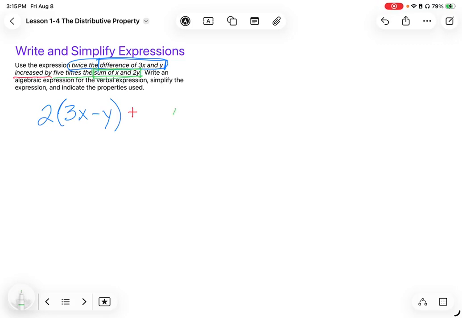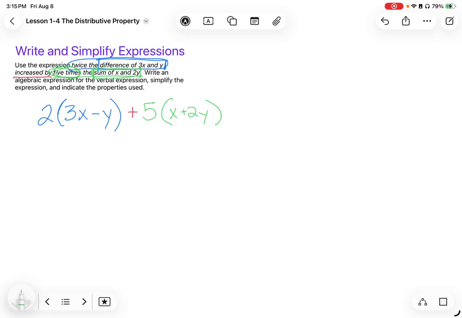So we're going to add x and 2y, and we want 5 times that sum. So we're going to get the sum and then multiply by 5, just like we did twice the difference, and we subtracted and then multiplied by 2. 5 times the sum means we're going to get the sum and then multiply by 5. Okay, so there's our algebraic expression. We've turned it from a verbal expression into an algebraic expression.